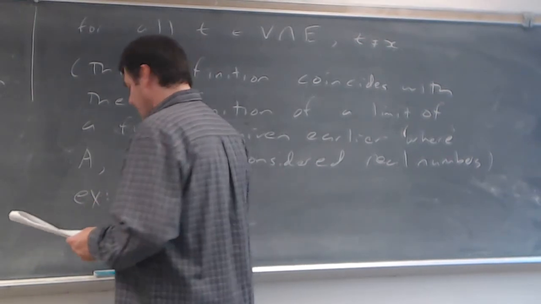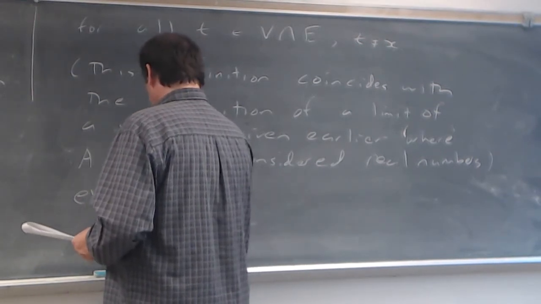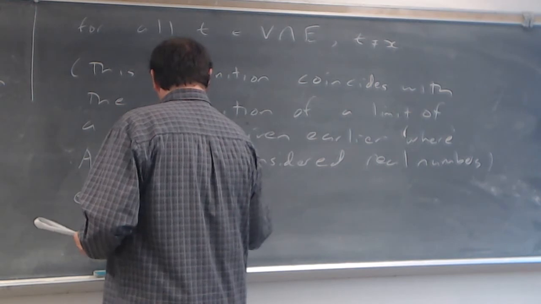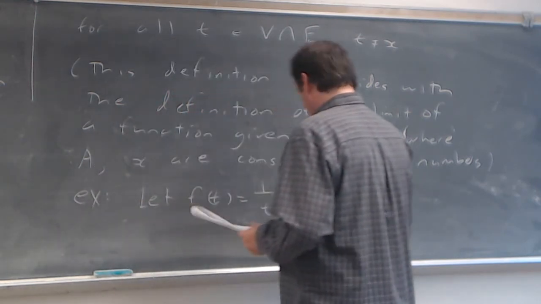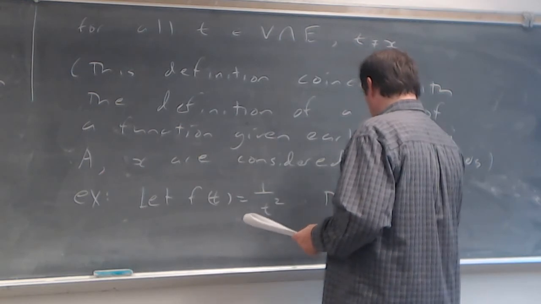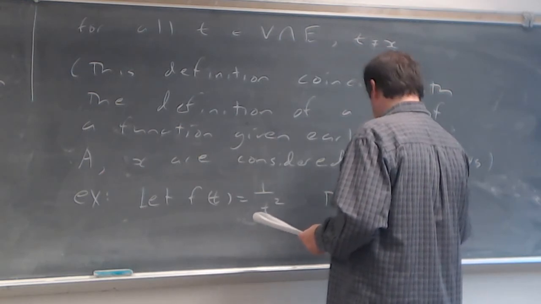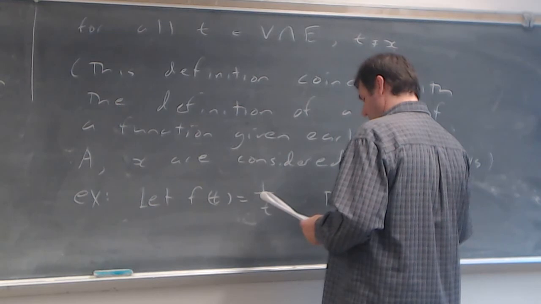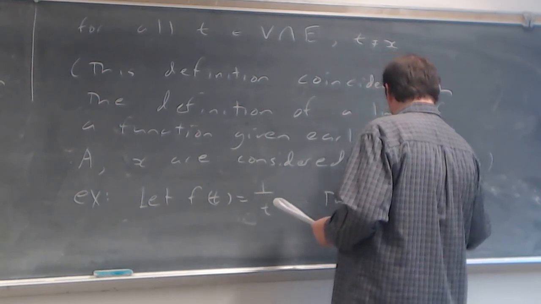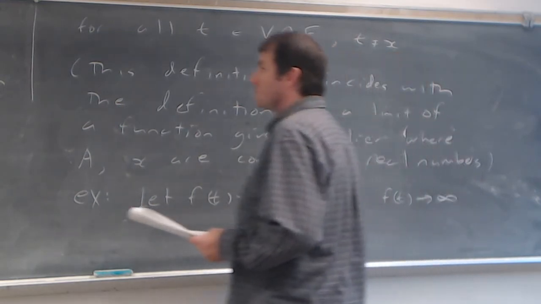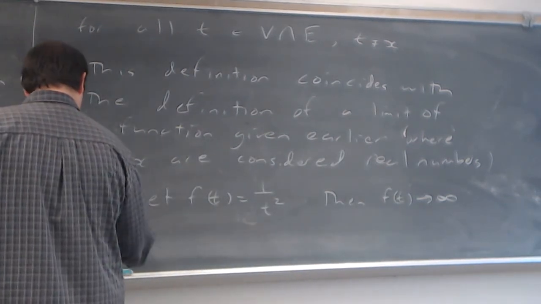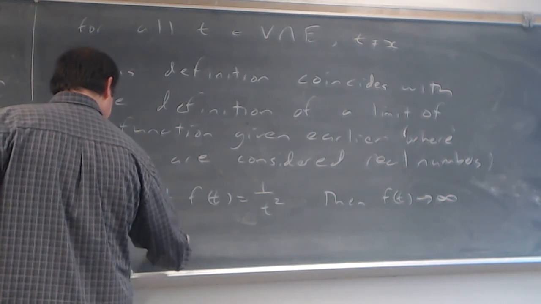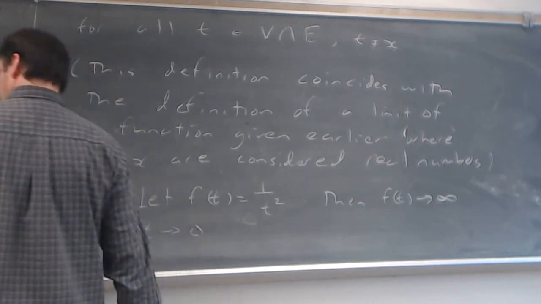So here's an example. If we let f of t be equal to 1 over t squared, then f of t goes to infinity, that's A, as t goes to 0.